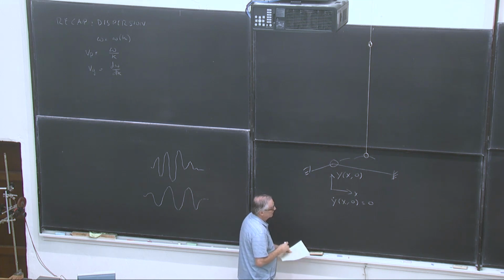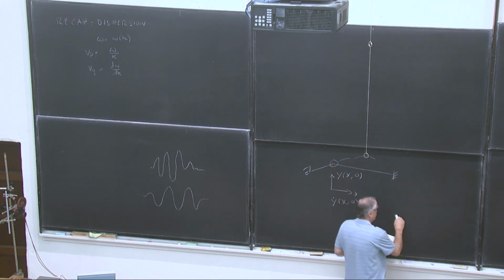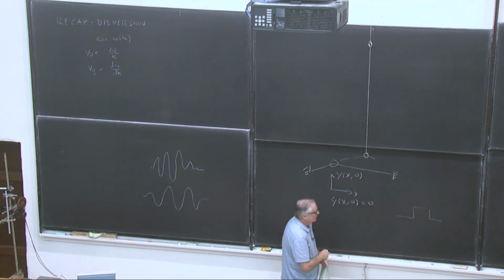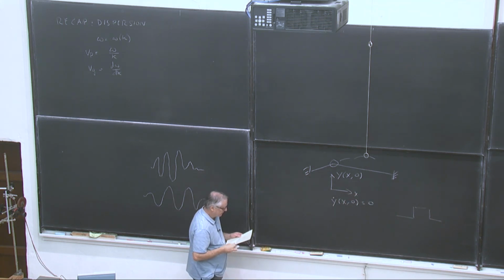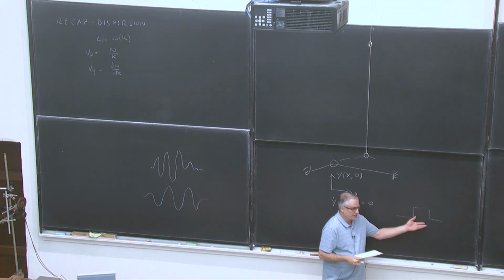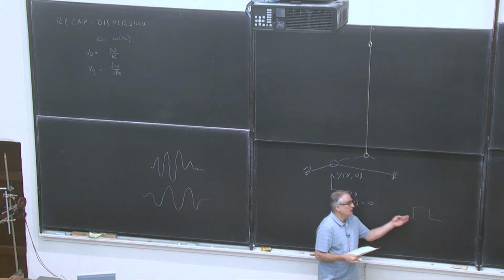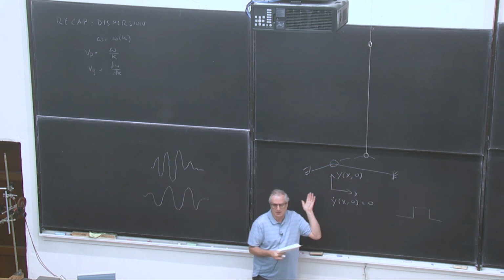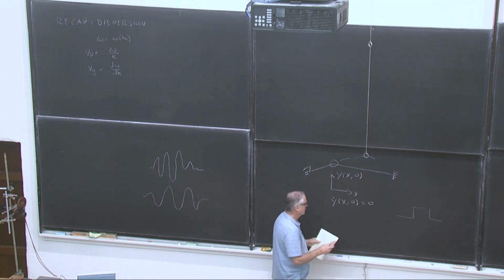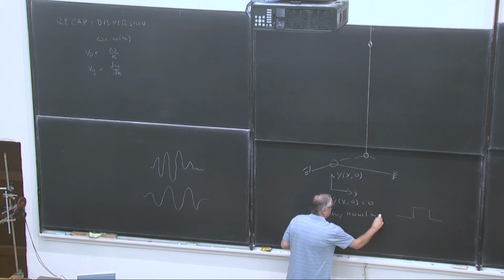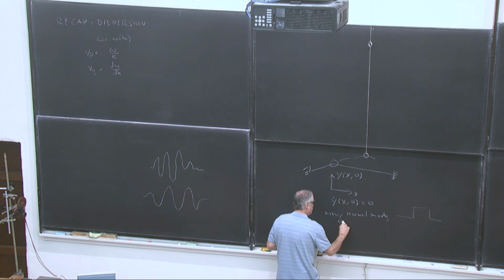And you remember the example in problem 32 in the homework where you did a Fourier series expansion of this, and the expansion involves many normal modes. So many normal modes are going to be excited.